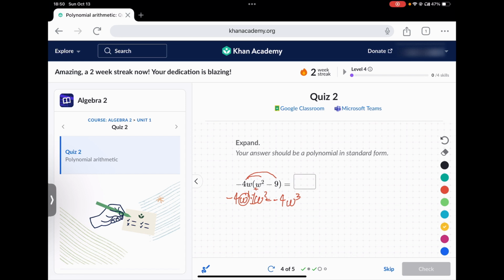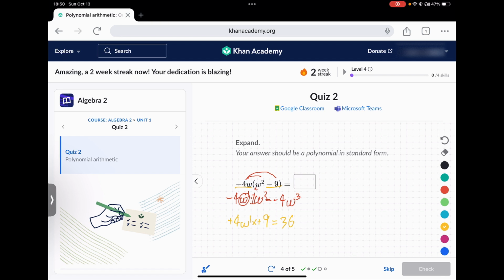In the second term, negative 9 times negative 4w. It's negative times negative, so it makes it positive. And it's 4 times 9, it's going to be 36 for the coefficients. And it's omitting w, because it's w to the power of 0, and this is omitting 1.